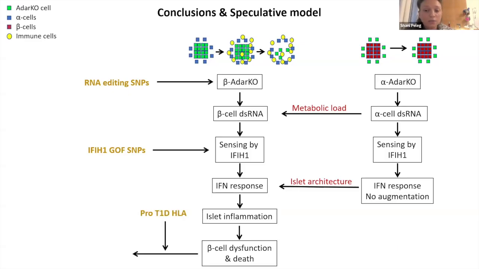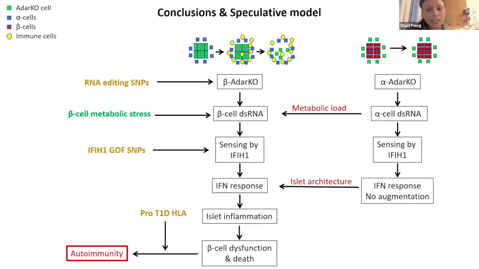And maybe the addition of the well-established pro-type 1 diabetes HLA genes might push this model into autoimmunity and maybe full-blown type 1 diabetes. And what about the environmental trigger? We currently think that this trigger may be beta cell metabolic stress under this genetic background, which could ignite the type 1 interferon response that precedes type 1 diabetes.